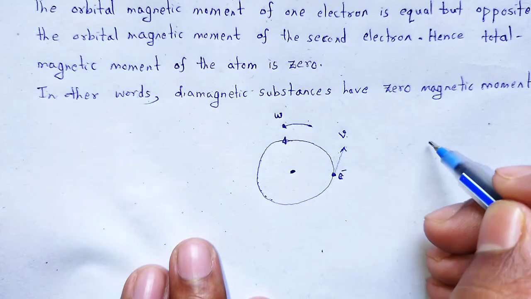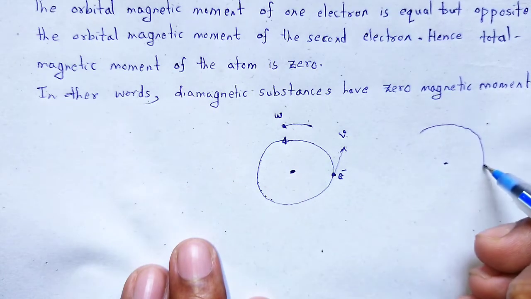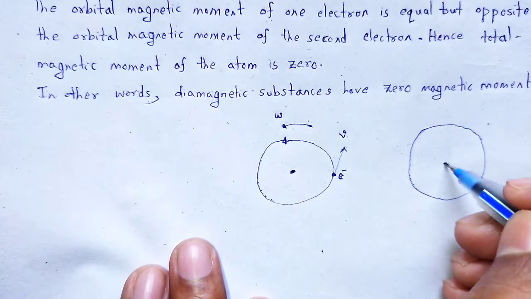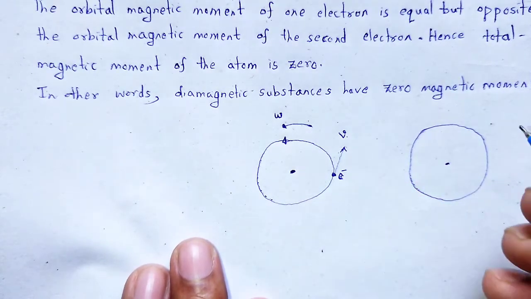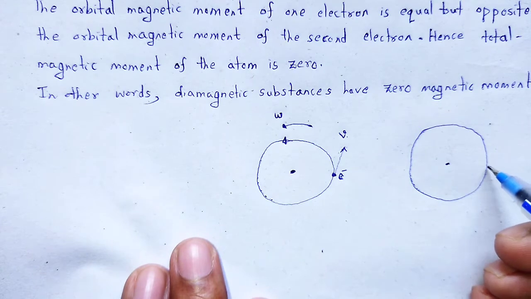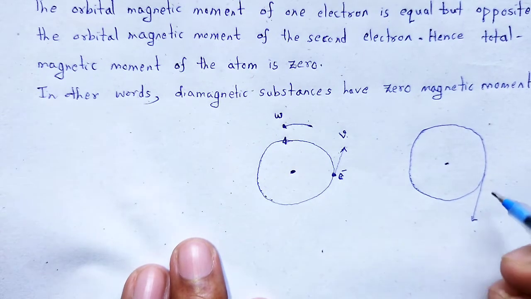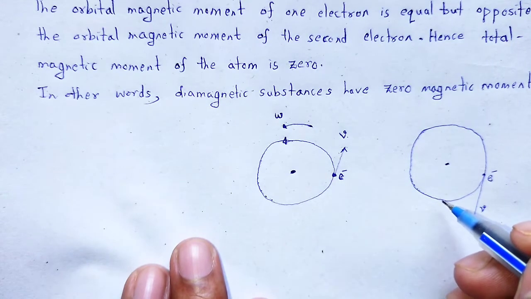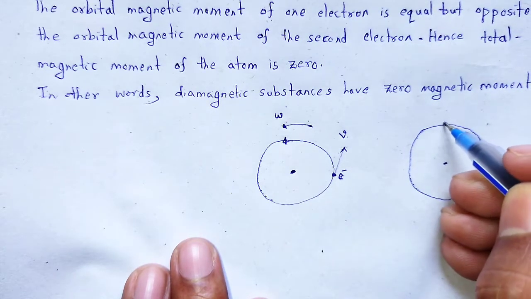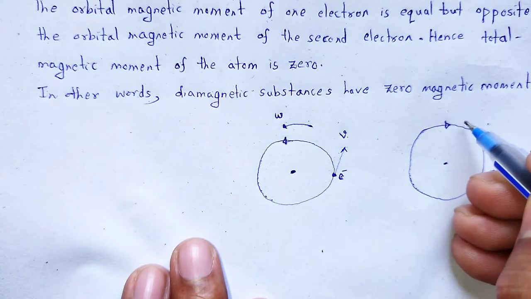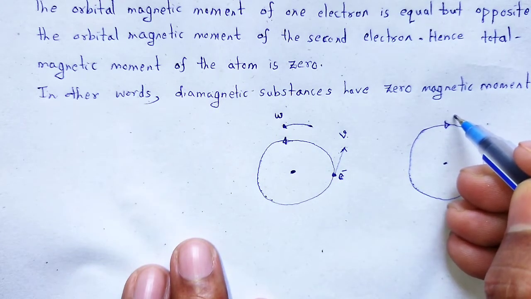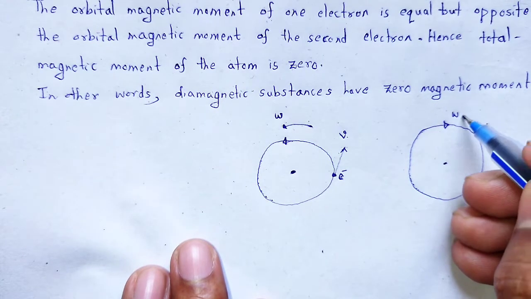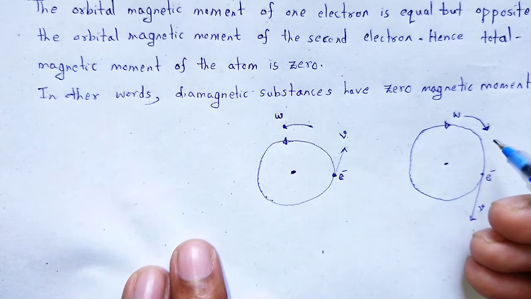Another electron moves on the same orbit, but in the opposite direction.